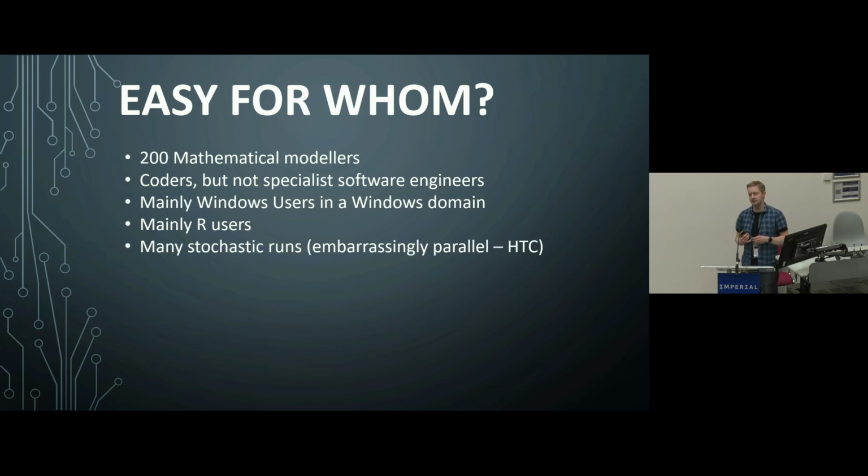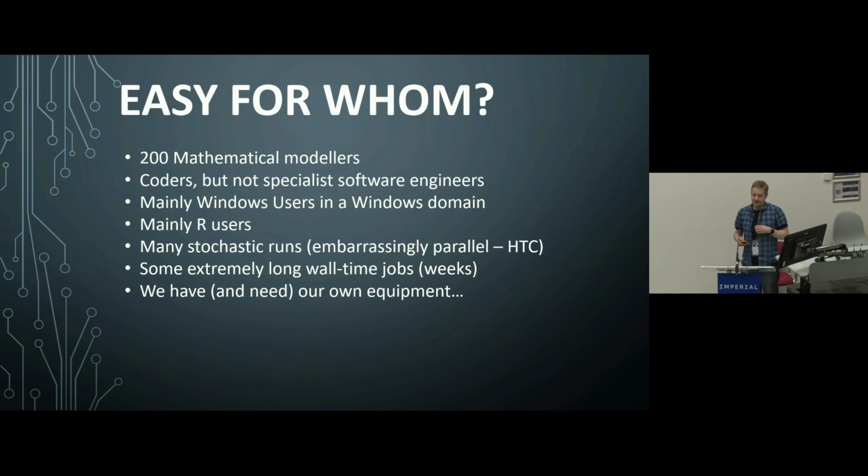They sometimes want to run 100,000 different permutations of the same model, different parameter sets, single core jobs, just bash them through and get the answers, and they can work out how to deal with their 100,000 files that come out later on. Some of the jobs that run are extremely long as well, which is not very popular for HPC, especially if you're queuing behind them. So they want to run some jobs that may take weeks on a couple of cores and just linger in the background.